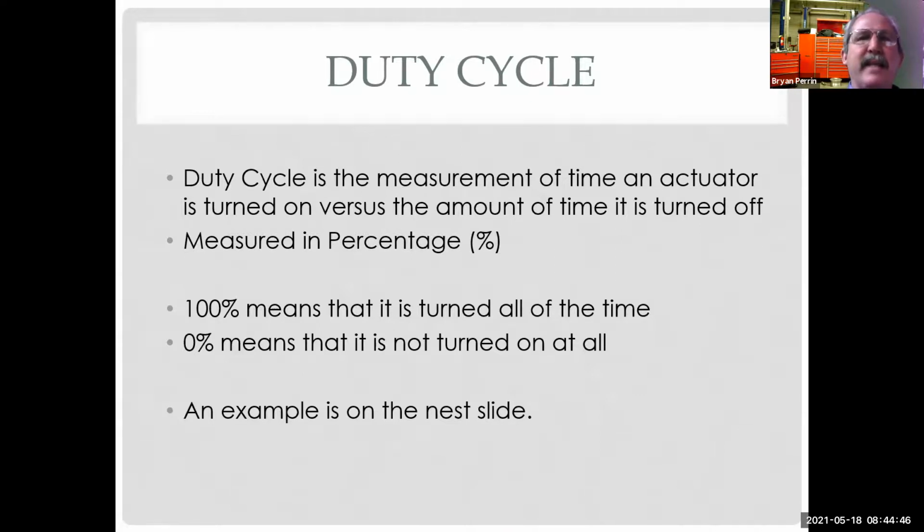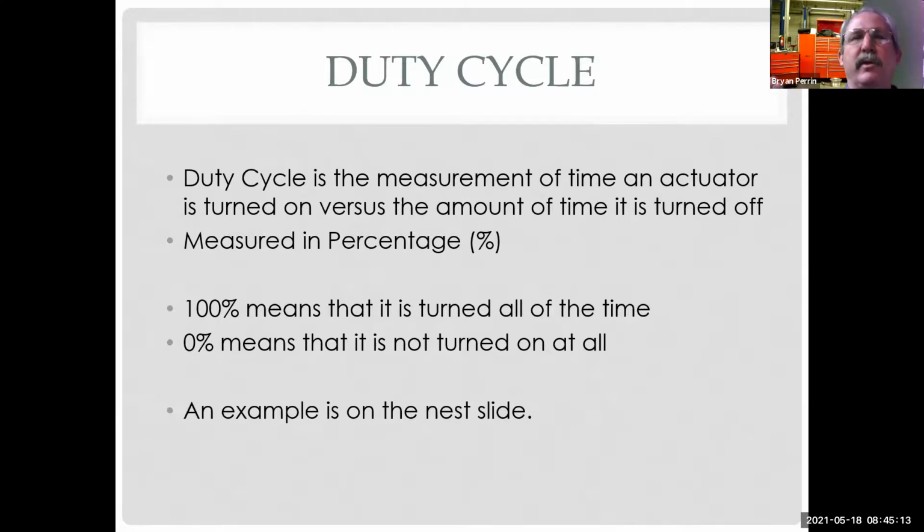So we may get down to 0%, but it's very rare we get to 100% because we still need to have this consistent frequency. Duty cycle is done at a fixed frequency. Once I go to 100%, I no longer have a frequency. I just have a flat line. So even at 100%, we're really at 99.5 or however high it goes up, because it has to cycle to keep that same frequency.